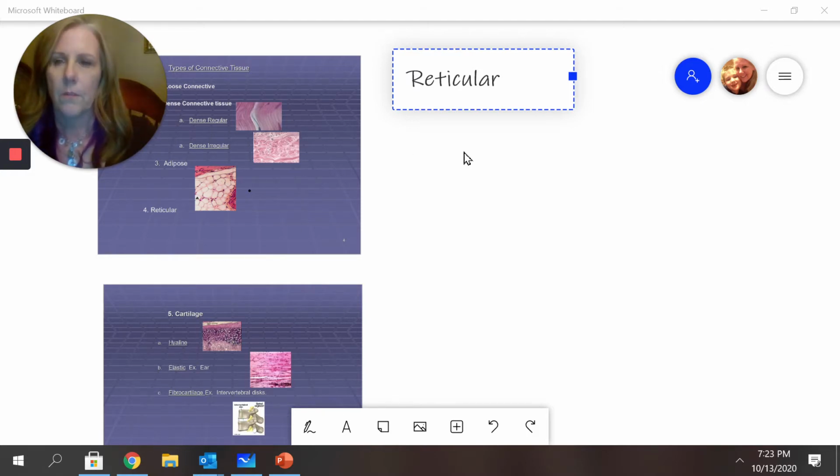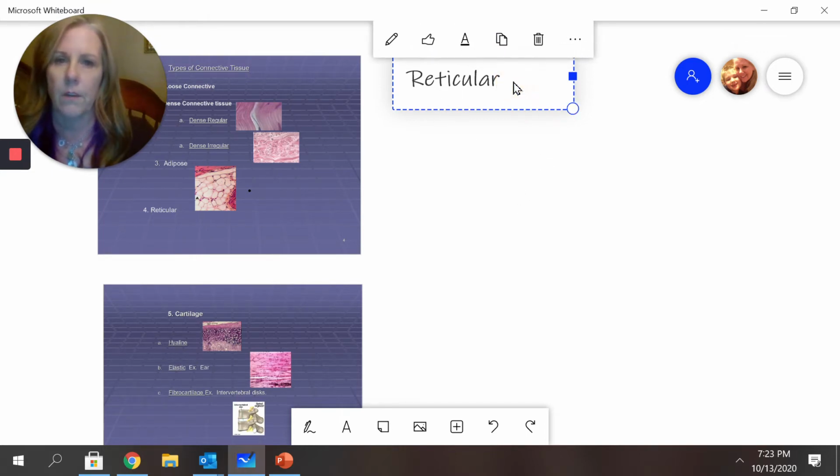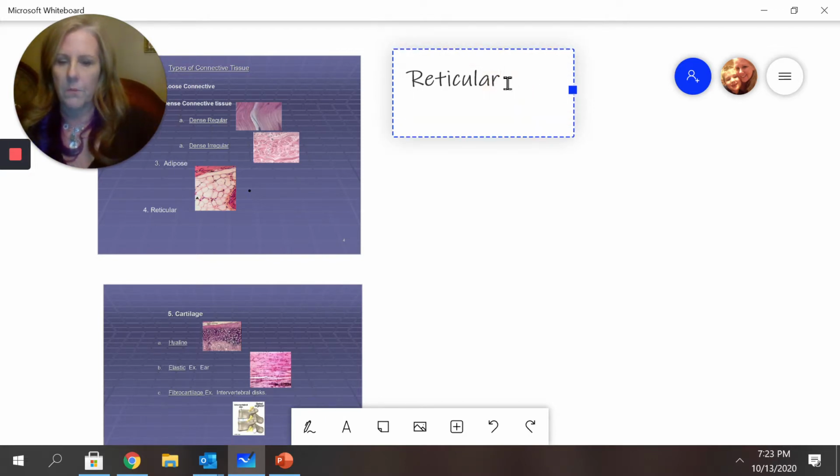So those are the 3 types of connective tissue that we've covered so far, and we're going on to number 4, which is reticular. As I'm doing this, I'm going to try to type in the information about reticular.